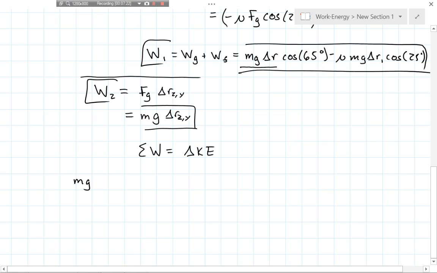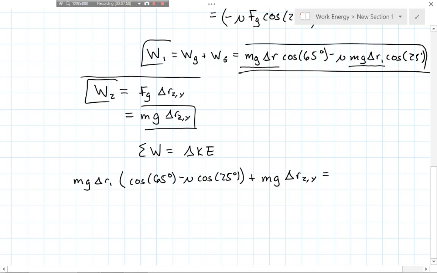We have mg delta r1 in both of these two terms, so we have mg delta r1 times cosine of 65 degrees minus mu cosine of 25 degrees, since I just factored out mg delta r1 because it's in both parts, plus the work done during the second part of the motion, mg delta r2,y, and that's going to equal the change in the kinetic energy.